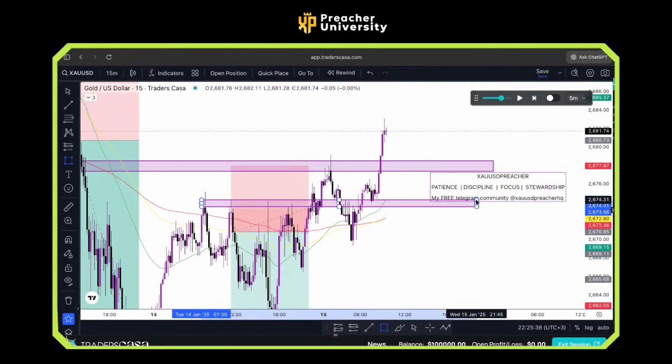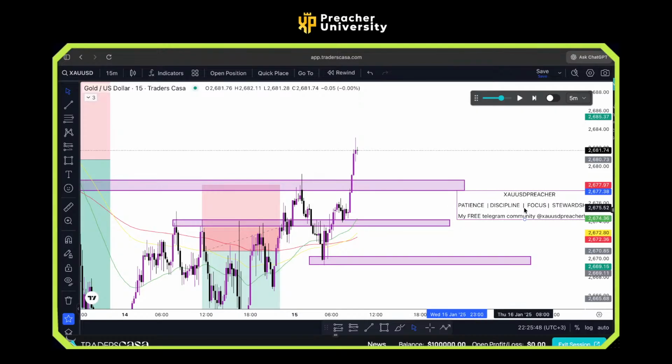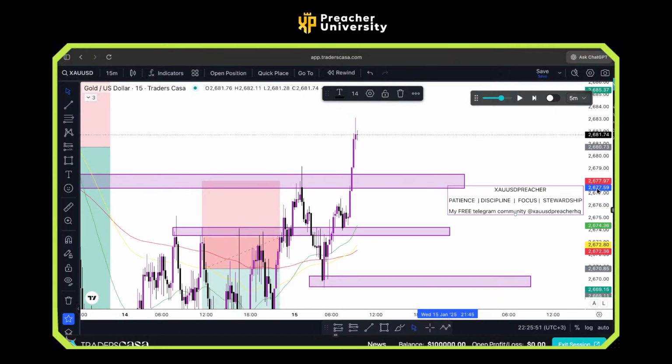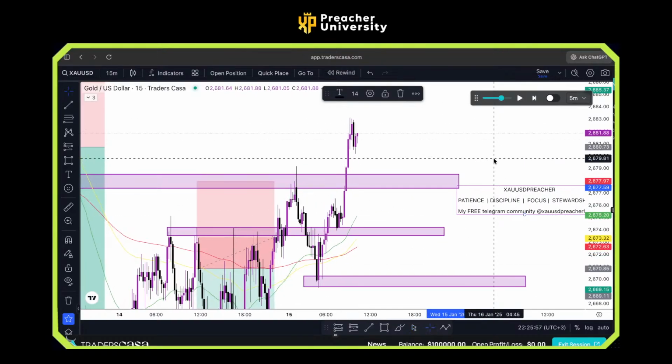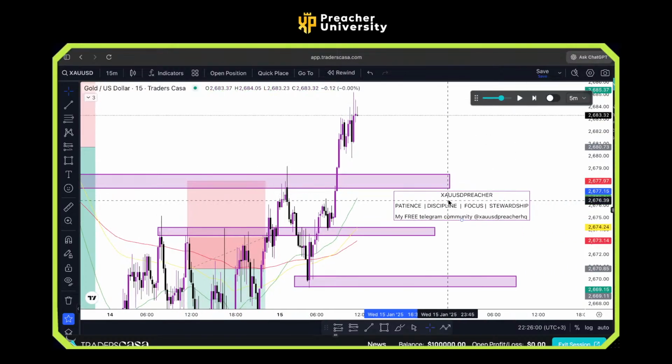This was a resistance again broken, and now it has become support. Where is my other support? We can see something around here. So what do we want to do? We want to wait to see where the market goes in this particular moment in time. So we just keep playing and see what the market did.